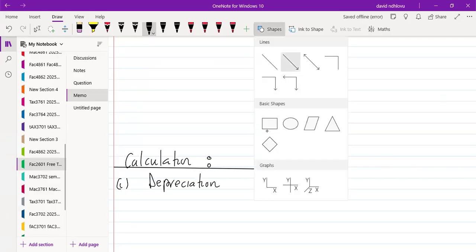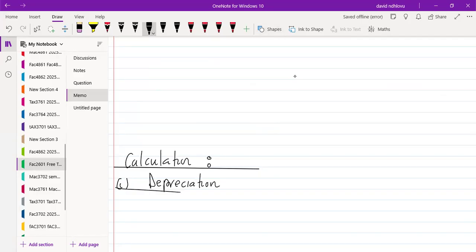Depreciation at this level is very important. You will always have significant marks to do with depreciation, either in the P&L itself or on the note for property, plant, and equipment. You can't make a mistake and go to the exam with question marks on the calculation of depreciation.